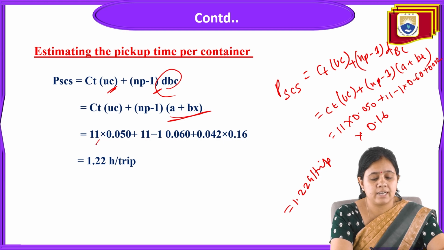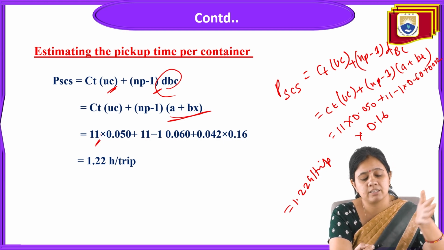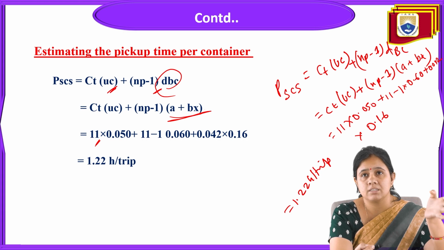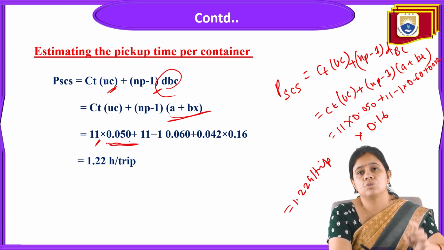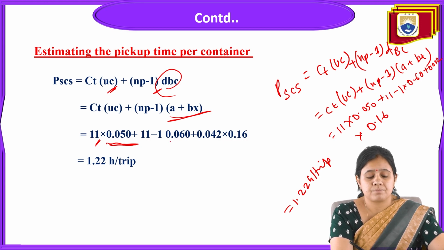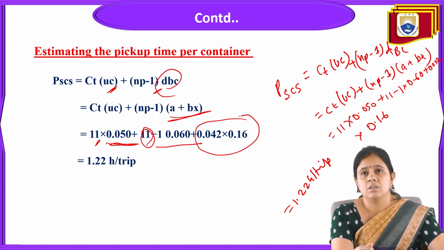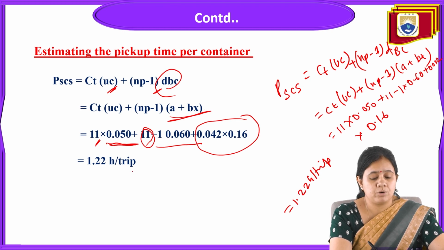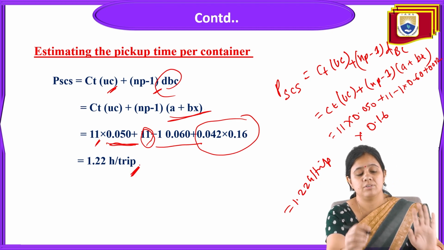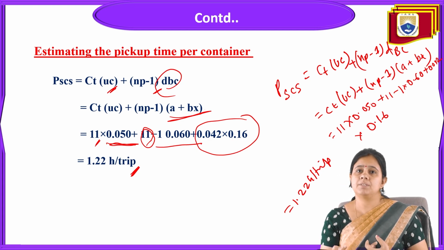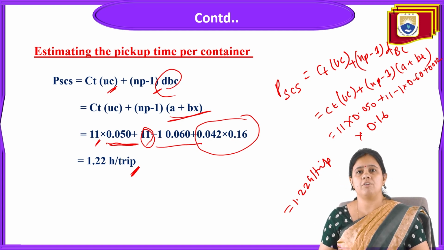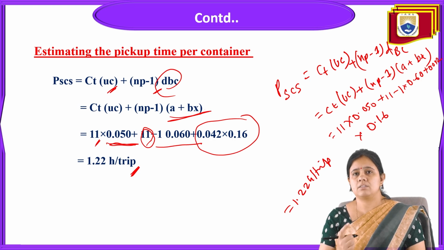It has already been calculated that 11 containers are emptied in a single haul trip. So 11 emptied into 0.050 plus NP, that is 11 containers, and 11 minus 1, and this has already been given as a function of the total haul time. So 1.22 hours per trip. If 11 containers are emptied in a single trip, then 1 hour 22 minutes is required in a trip.